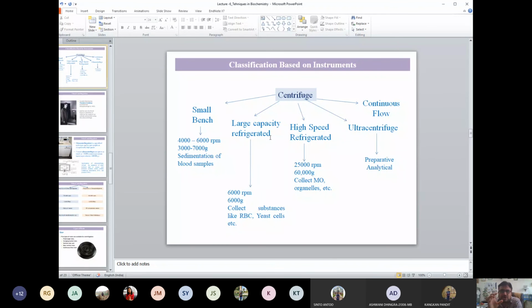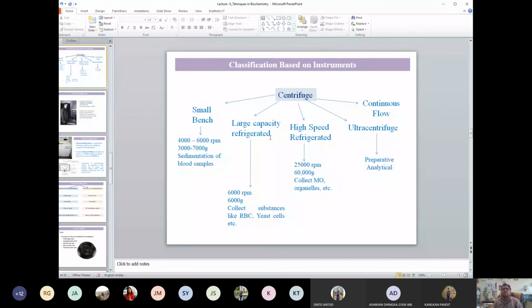The first type is called small bench centrifugation. As I told, based on the instrument, meaning based on the RPM and the RCF which the instrument is going to provide, it has been classified into different types. And whatever instrument we are using all over the world, all those types fit into these 5 types.